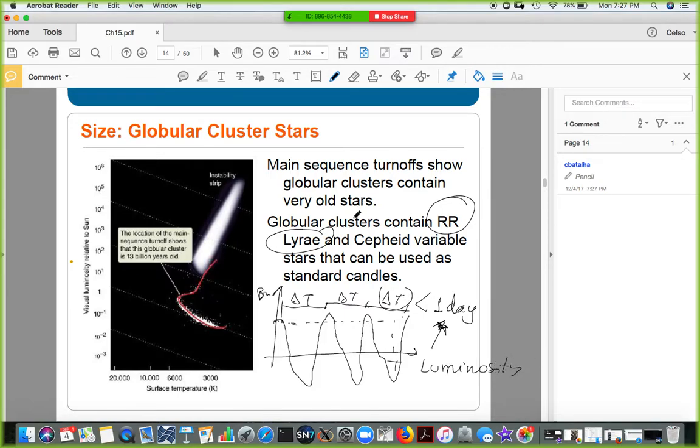It's important because if you know the luminosity of any object and you observe its brightness, the inverse square law relates the brightness you observe with the luminosity, which is the energy the RR Lyrae itself is putting out. It enables you to determine the distance.